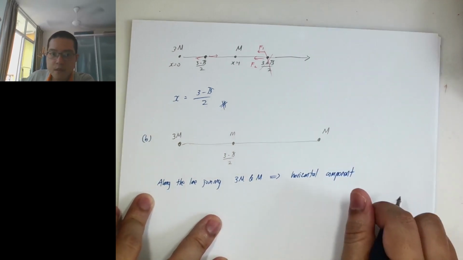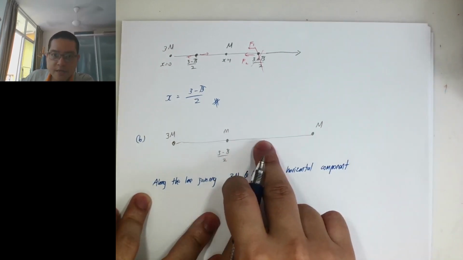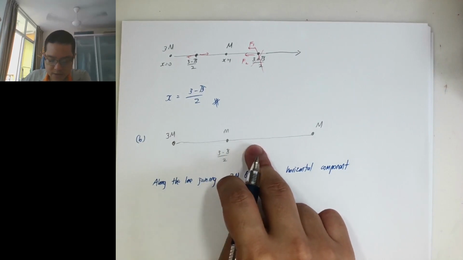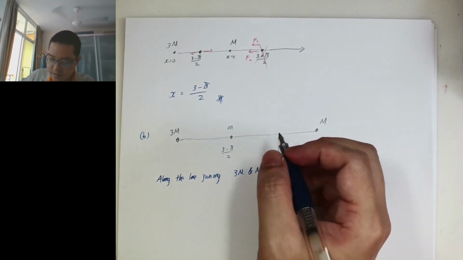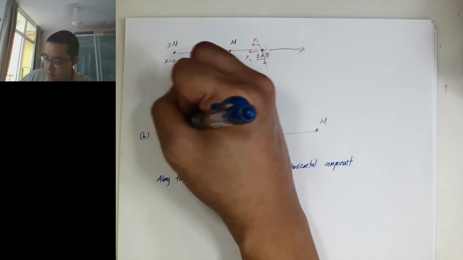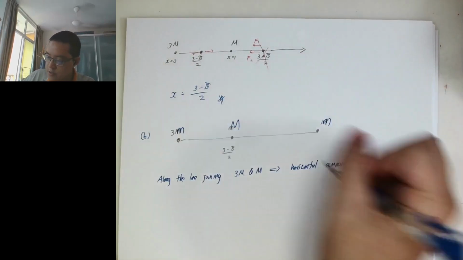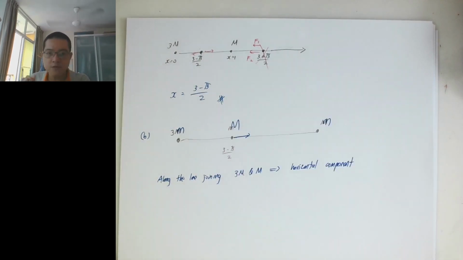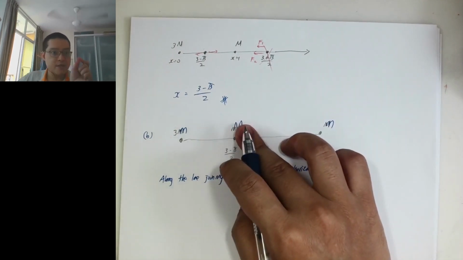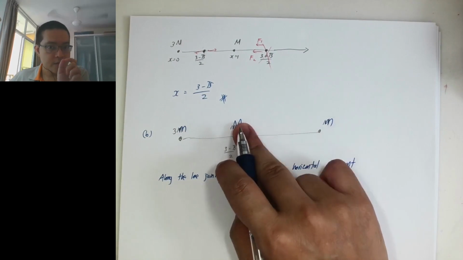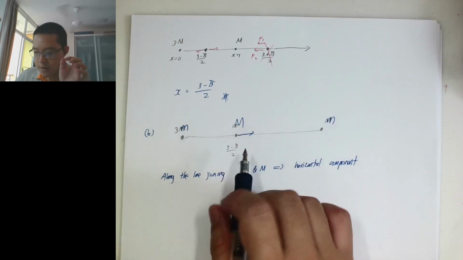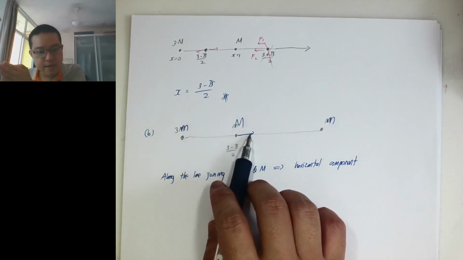If I move this slightly to the right, let's say this is small m, and this is big M. What is going to happen? Original position, 0 force. But let's see what happens if I move this slightly to the right.